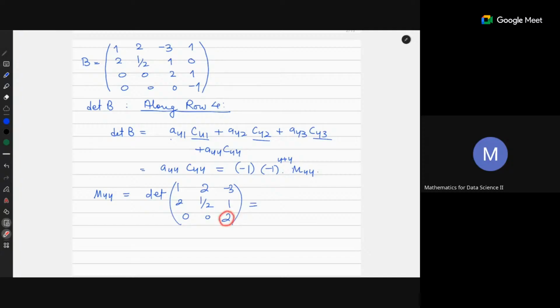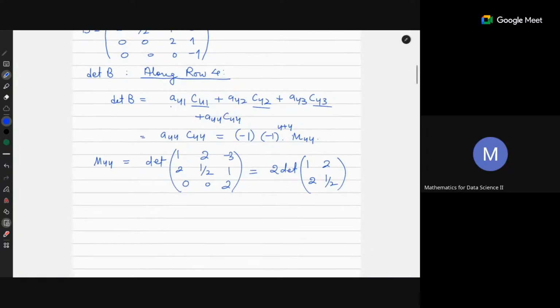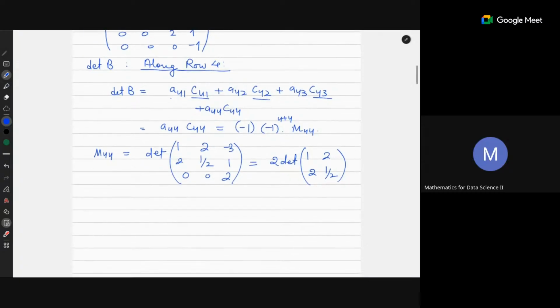You only need to calculate the cofactor corresponding to this non-zero entry. So it will be just 2 times the determinant of 1, 2, 2, half. Now what is it? It is half minus 4, which is minus 7/2. So it is minus 7.